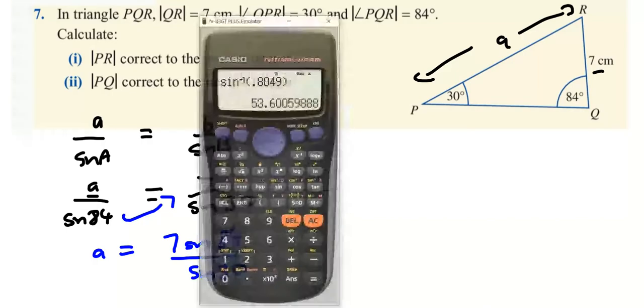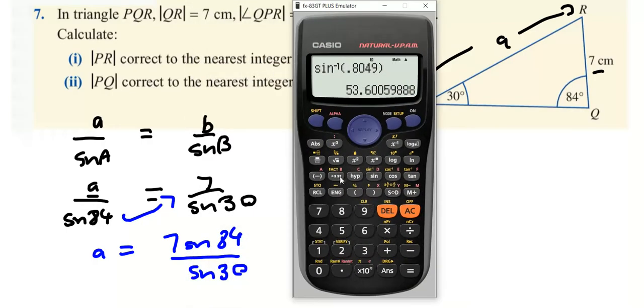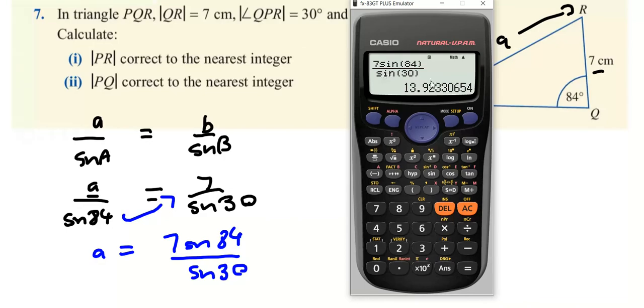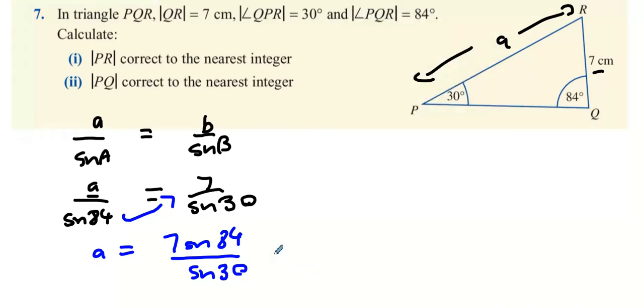Put all that into the calculator: 7 sine 84 divided by sine 30. And what we get here is 13.92. Correct to nearest integer is 14. A equals 14.